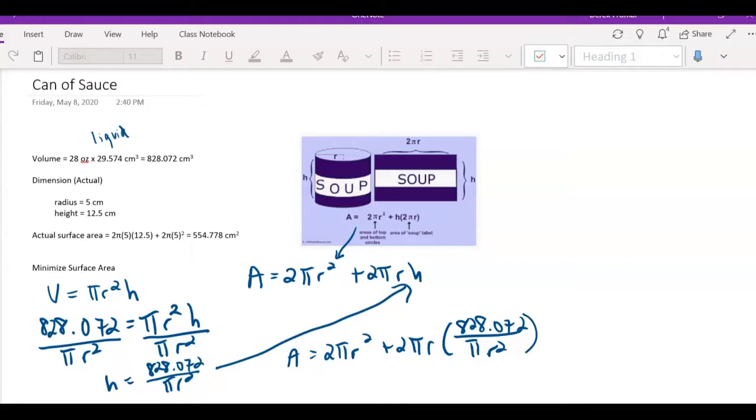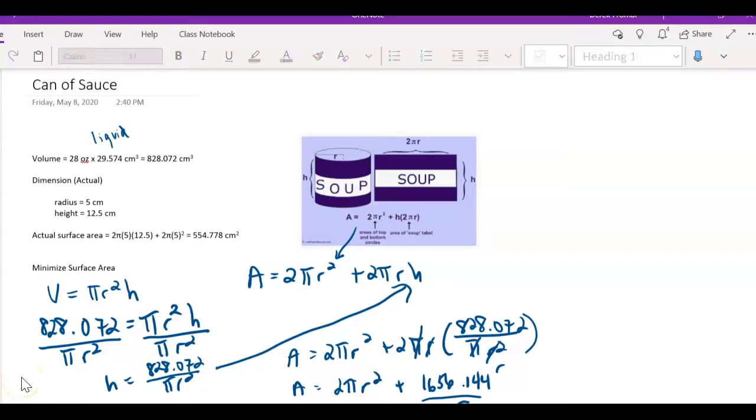And I will do some simplifying. So that's going to be my area formula, and that's what I'm going to try and minimize.